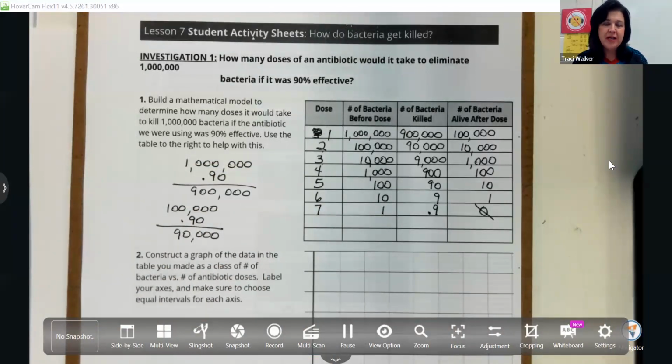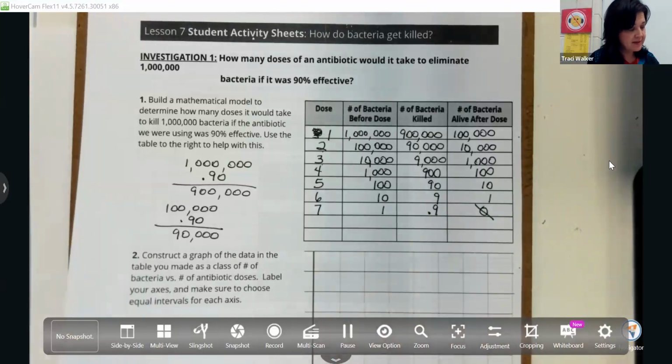We're going to create a model that shows what is actually happening when you take into consideration that in between your antibiotic doses, those bacteria are still growing. So the actual scenario that goes on in our bodies when we're sick is a lot more complicated than this right here. So let's look at that next.